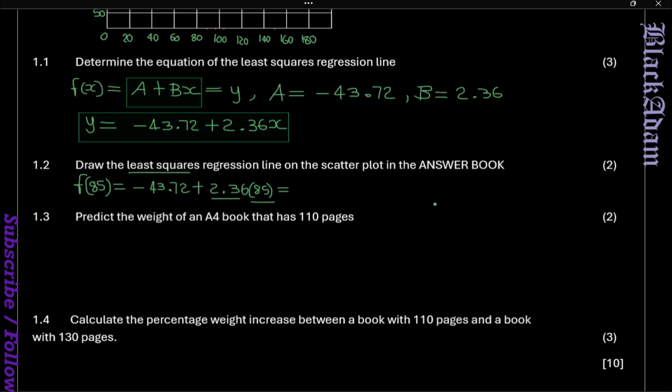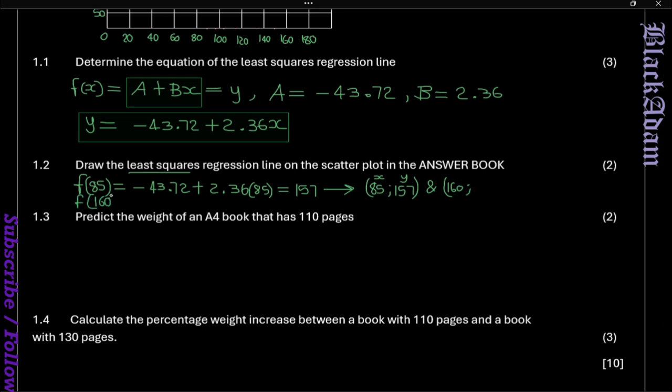Just punch that in the calculator, and it should give you the y value, which is 157. So you have that 1 point, which is 85, 157.